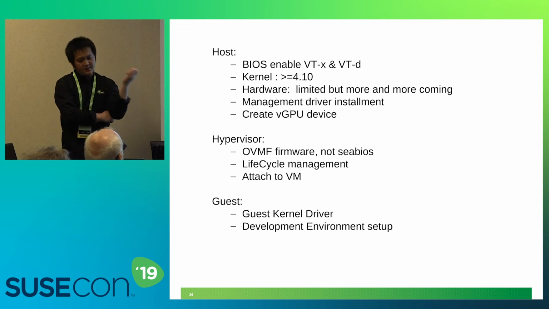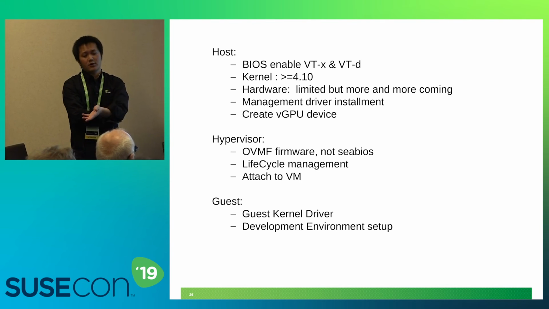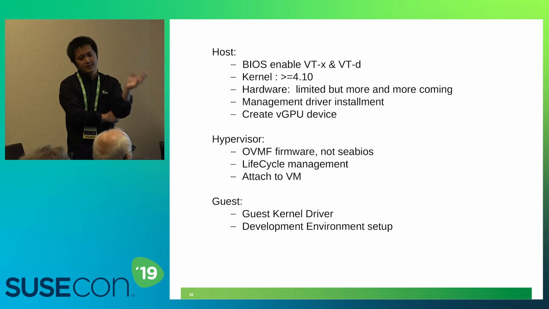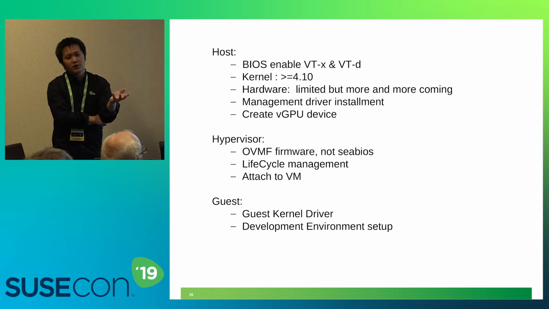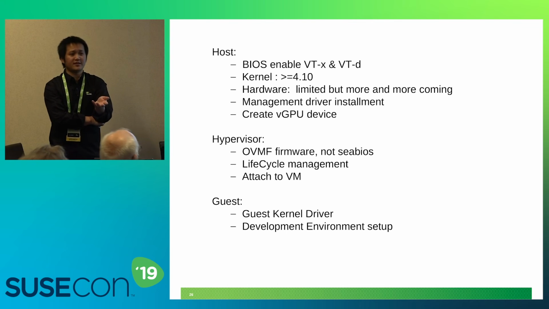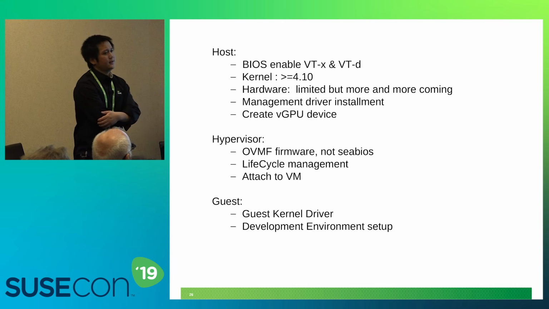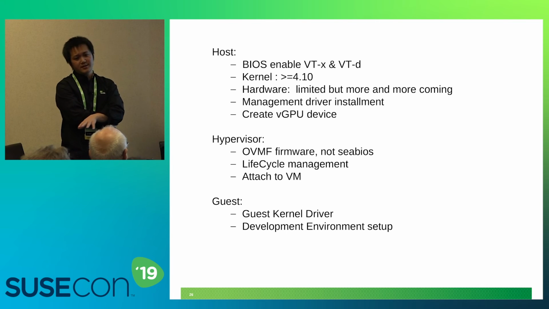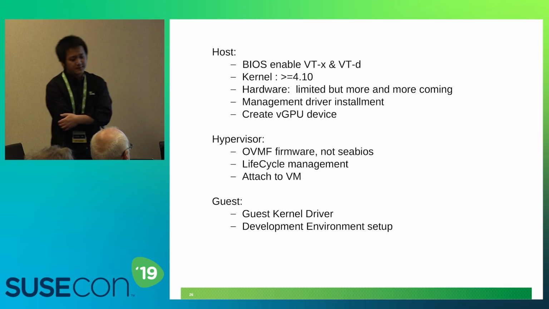Translated to SUSE Linux, it's like 12 SP4 or 15, that side. But if you are using SR-IOV, it's 4.4 for the AMD part. Since if it's newer than 12 SP3, you are good. But even for the GPU pass-through case, you can start from, I think, 12 SP2, so it's more flexible for using.